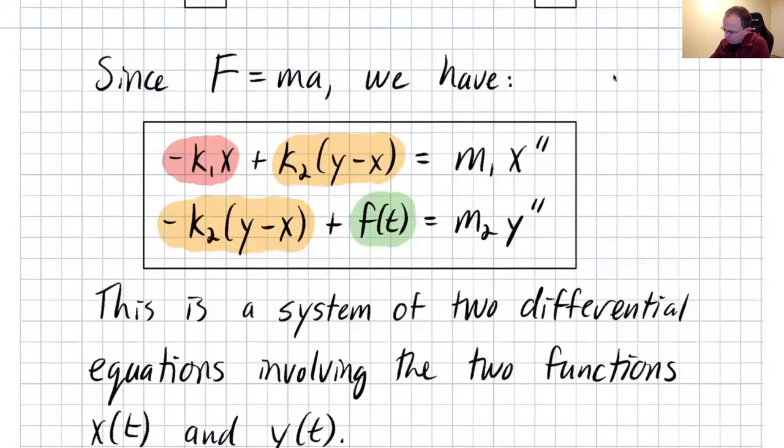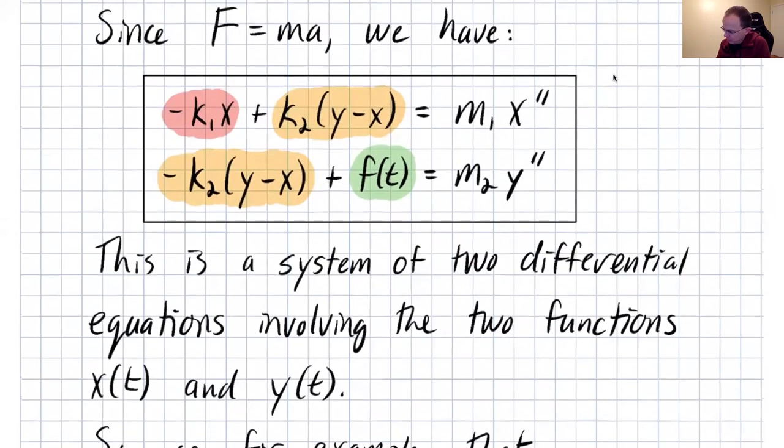Okay, so we have a system of two differential equations involving two functions, x of t and y of t. So in order to solve this, we have to solve them together.